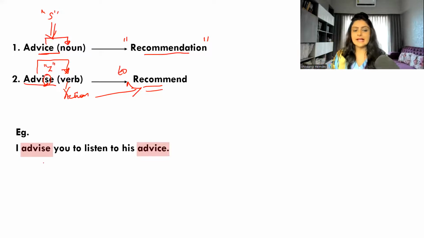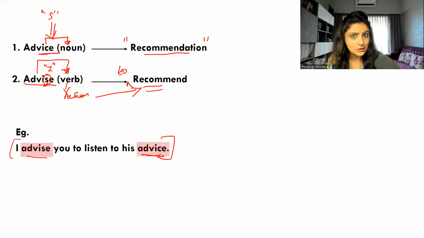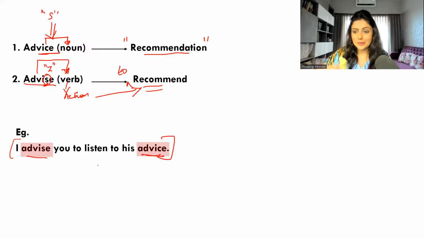So I have a first example for you, wherein I say, I advise you to listen to his advice. In this one sentence, I have made use of both these words, one acting as a noun and one acting as a verb. Verb is an action, right? So when I say I advise, which means I am into an action of advising, I will use the word advise with S in it, because this is the verb.